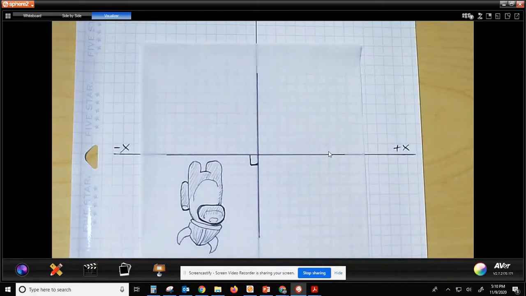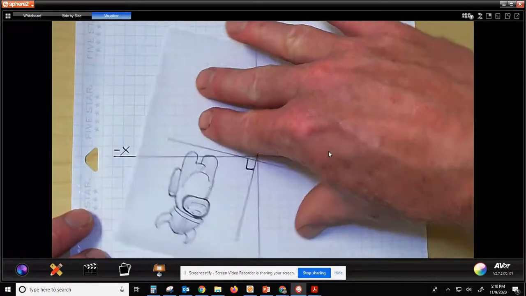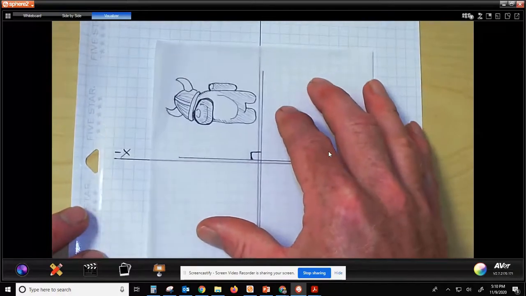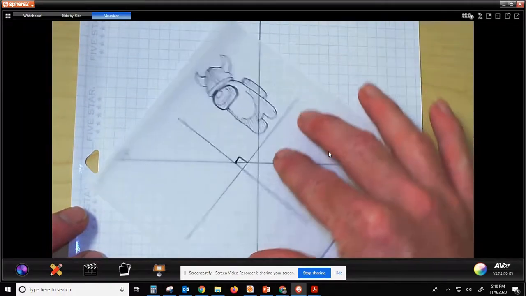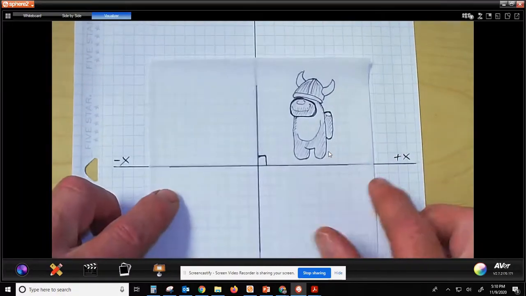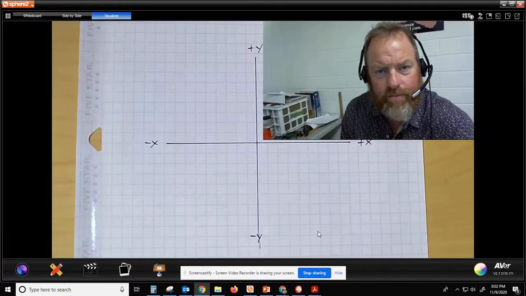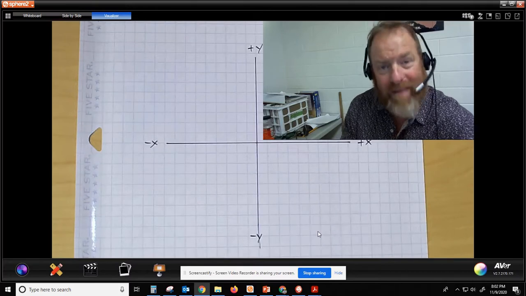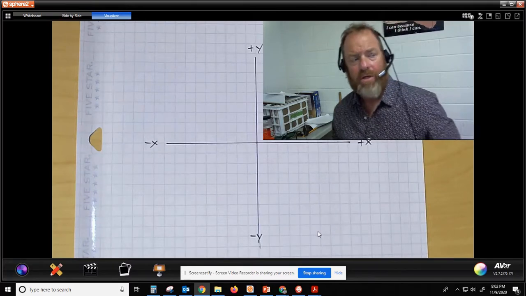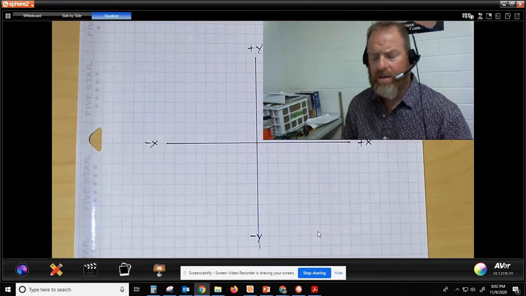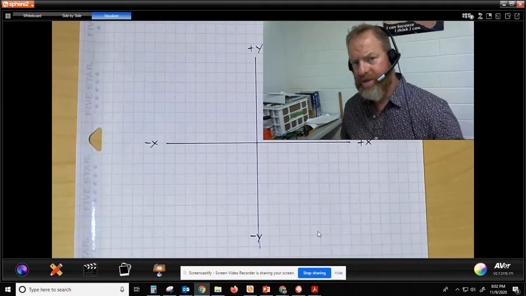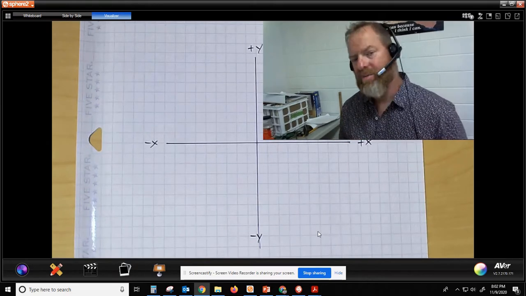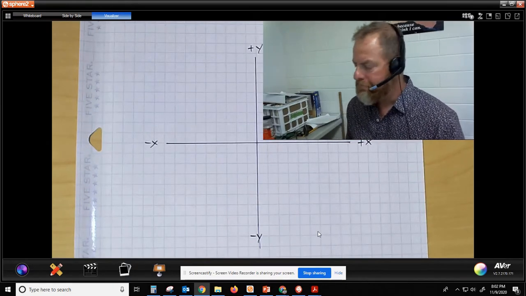Let's rotate 180 degrees clockwise. 90 degrees, 180 degrees. Okay, so maybe the image of an alien spinning helps get the geometric principle of rotation across to you.